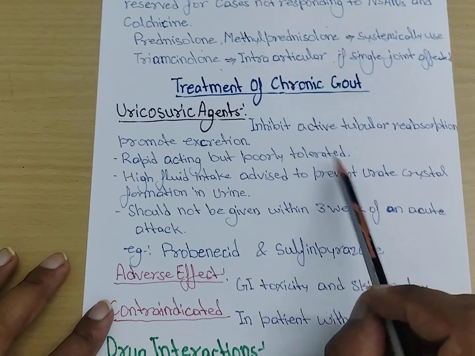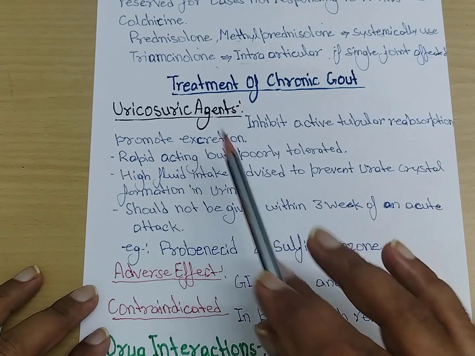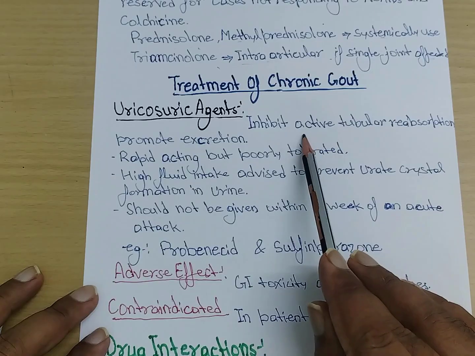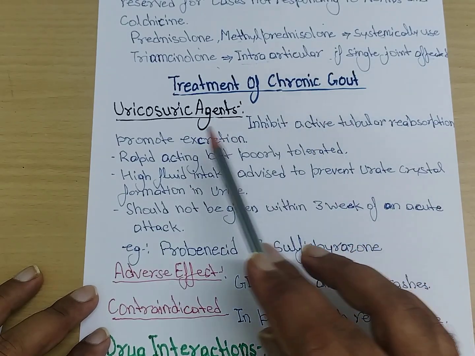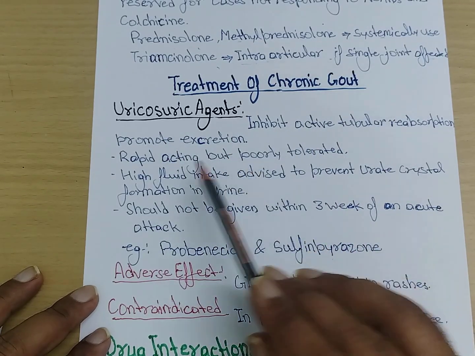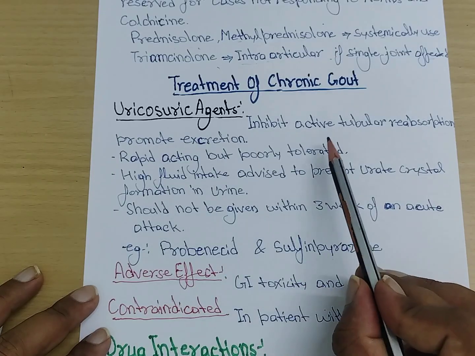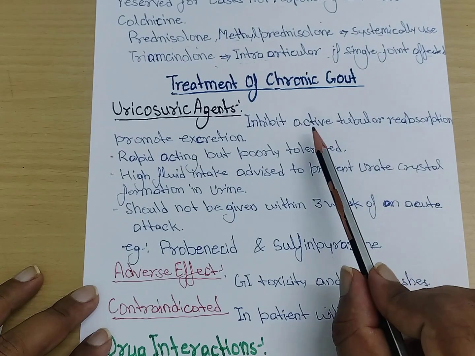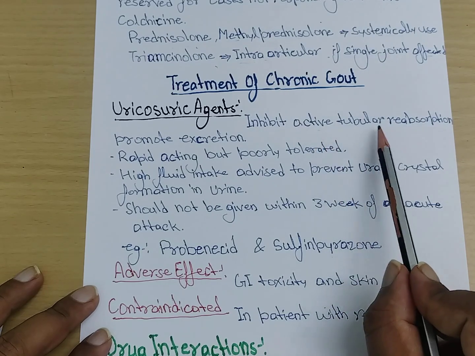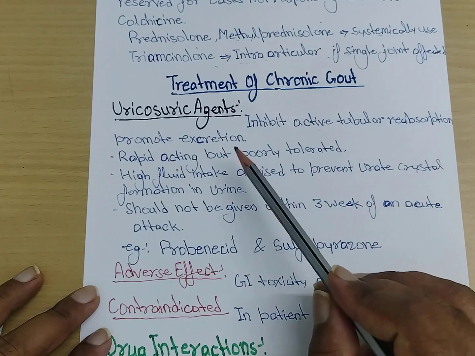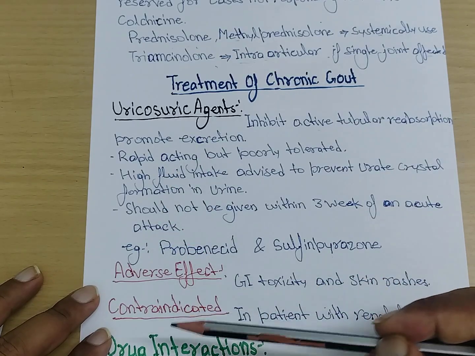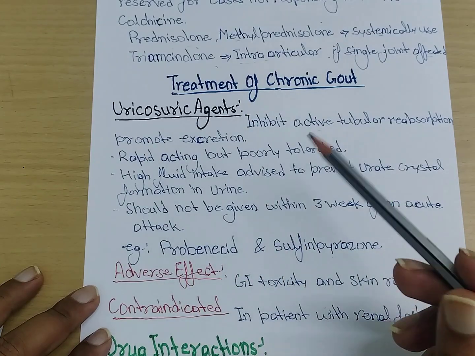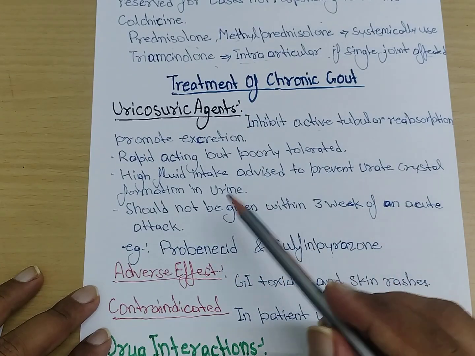Treatment for chronic gout. Uricosuric agents inhibit active tubular reabsorption and promote excretion. It means they prevent the reabsorption of uric acid from the renal tubule and increase the excretion of uric acid, and thus reduce the uric acid concentration in blood.